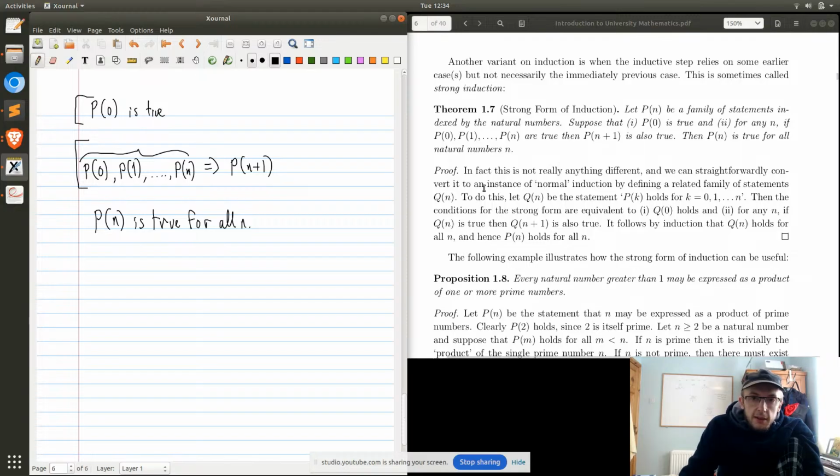To do this, let Q of n be this precise statement that P of k holds for k equals 0, 1, 2, 3, 4, 5, all the way up to n. Then the conditions for the strong form are equivalent to Q of 0 holding and being true, and for any n, if Q of n is true, then Q of n plus 1 is also true.